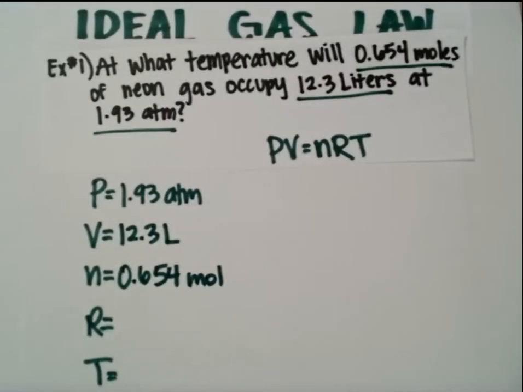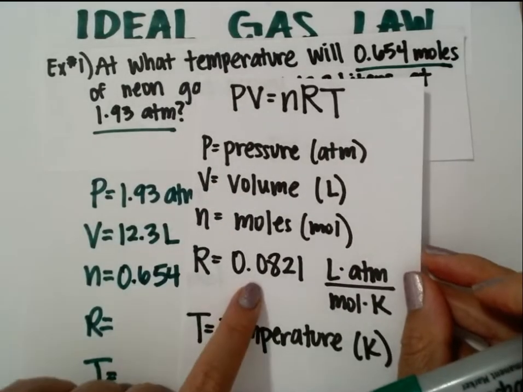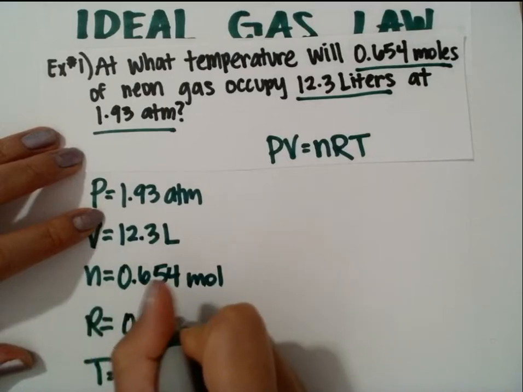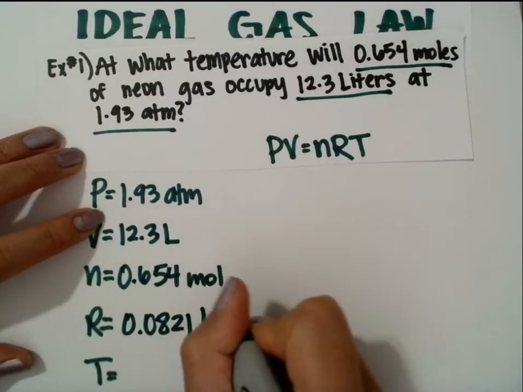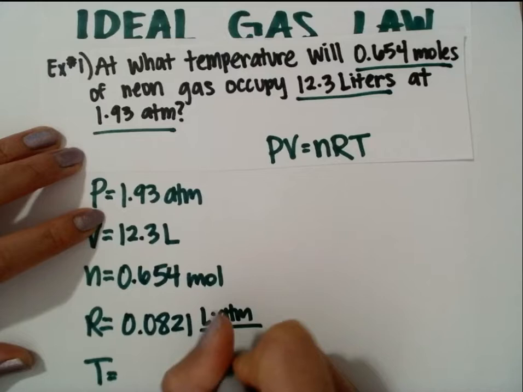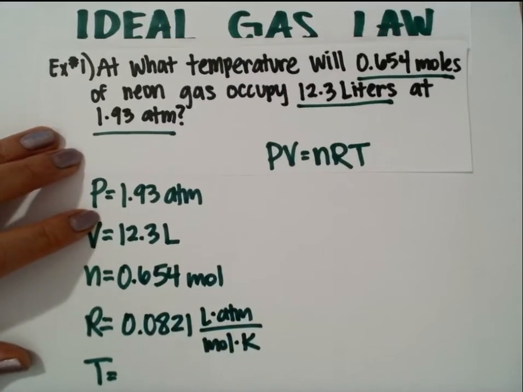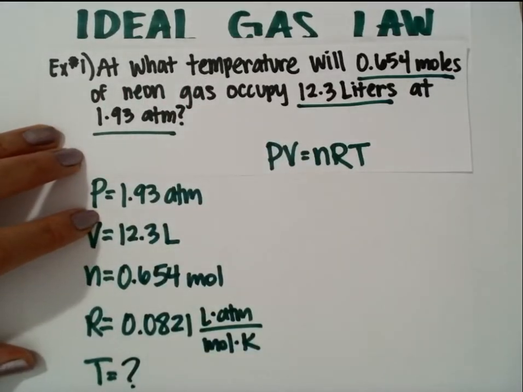And remember, R is this number right here, so that number will not change, so 0.0821 liters ATM over moles times Kelvin. And T is temperature. Now the question says at what temperature, so we know that we're going to solve for T.